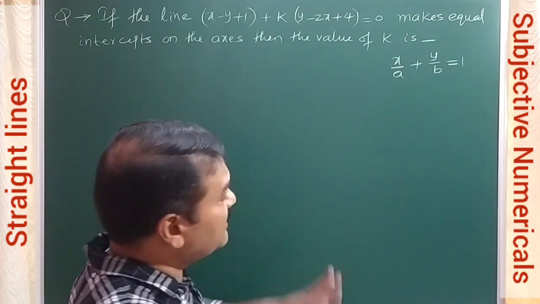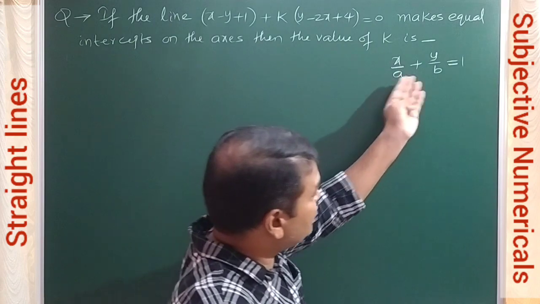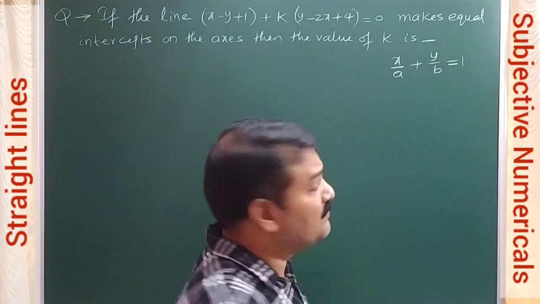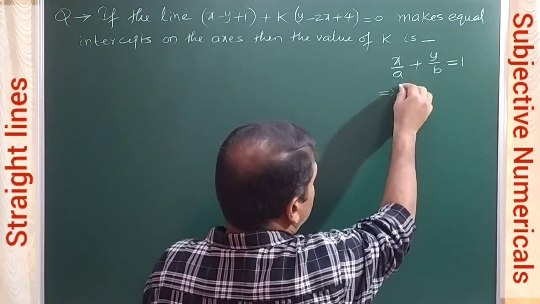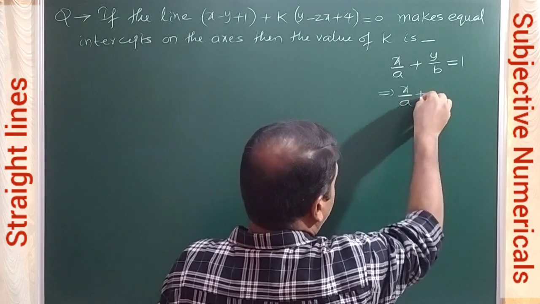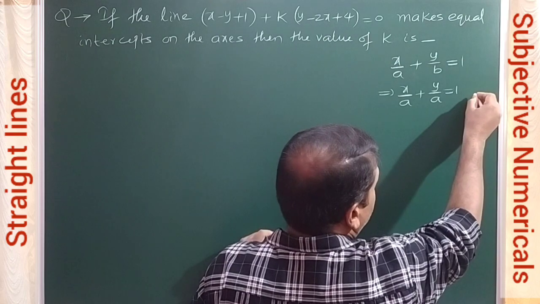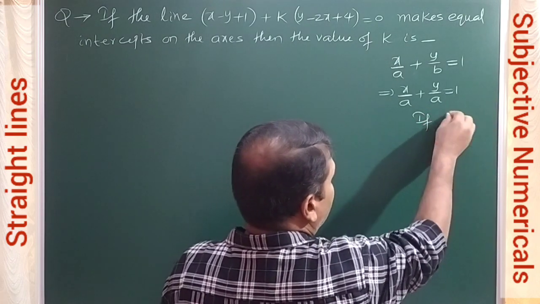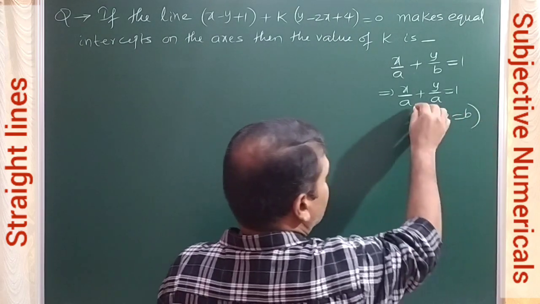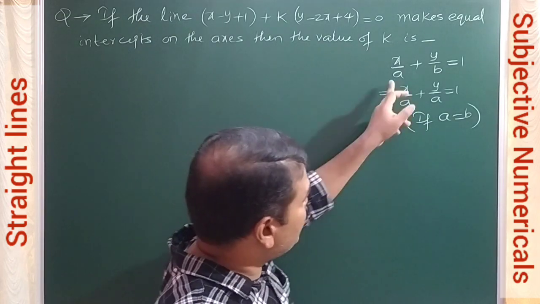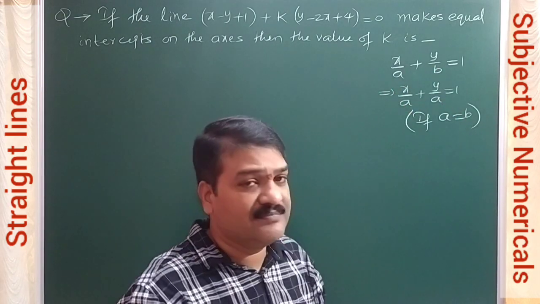So when the line is making equal intercepts, x and y intercepts must be equal. So x by a plus y by a is equal to 1, if b and a are equal. If the intercepts are equal, I can take b as a.